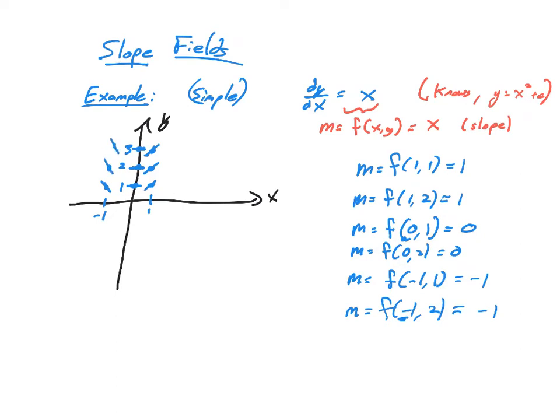So you can see that there's a pattern to this, right? And so for example at 2, the slope is going to be double the other one, and so forth and so on. So let me actually show you a computer-generated model of this from Mathematica.